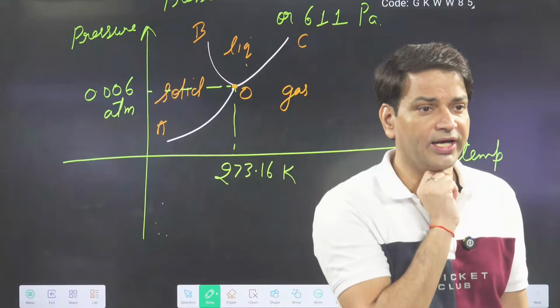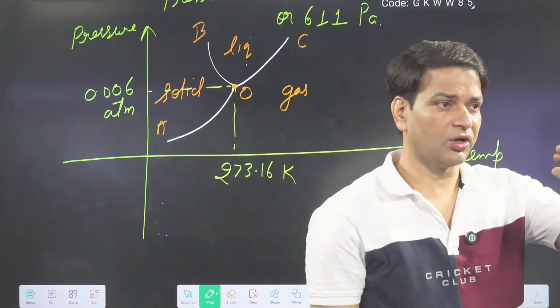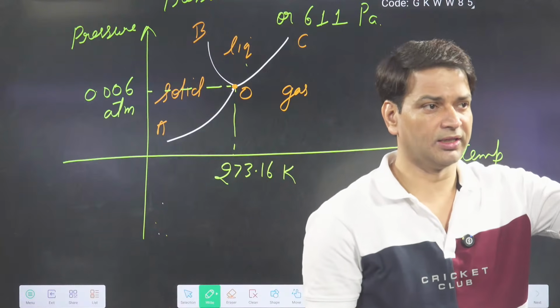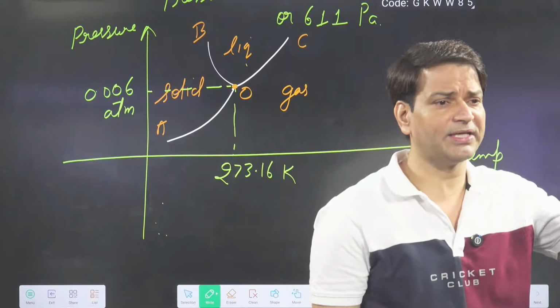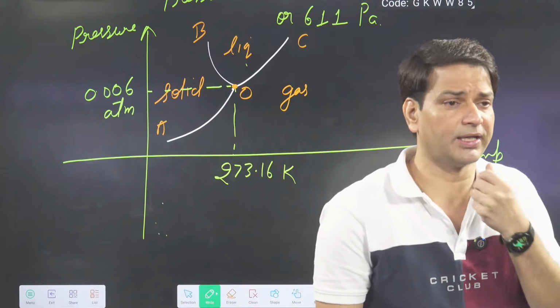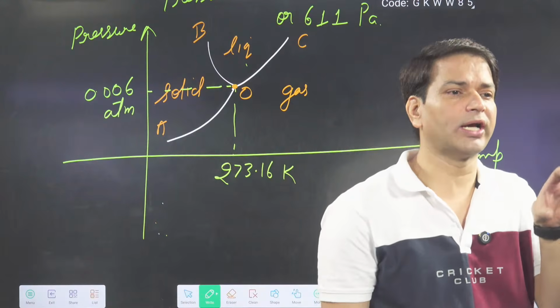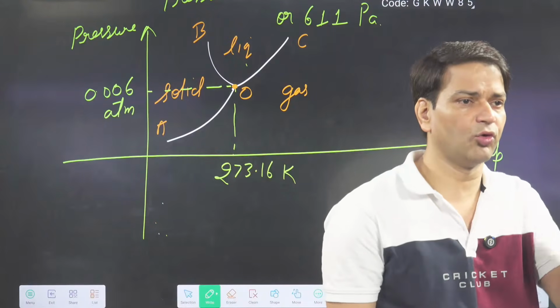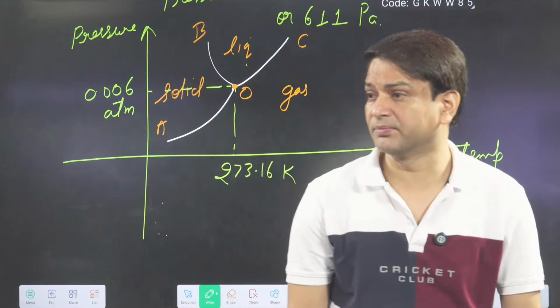If you see the OA, one side of the OA is the solid, one side of the OA is the gas. And on the OA it means both will be there in thermal equilibrium. So on the curve OA, solid and gas states exist together in thermal equilibrium.